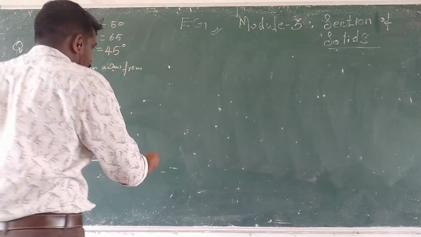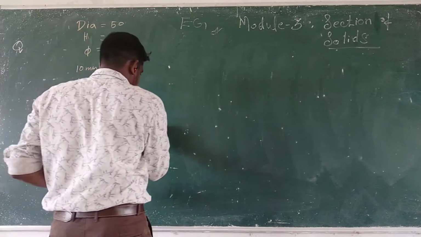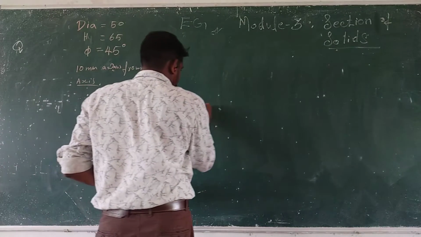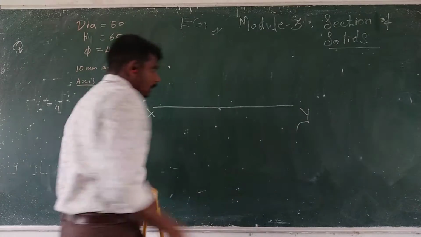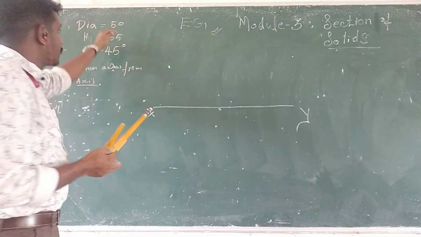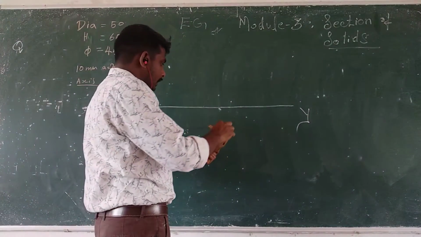First of all, draw the XY line. Then draw the cone, whose diameter is 50 mm, so 25 mm radius.